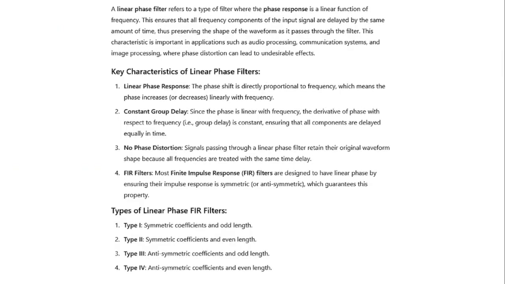So next, coming to the linear phase filter. We already discussed that a linear phase filter refers to a type of filter where the phase response is a linear function of the frequency. This ensures that all frequency components of the input signal are delayed by the same amount of time, and thus it preserves the shape of the waveform as it passes through the filter.